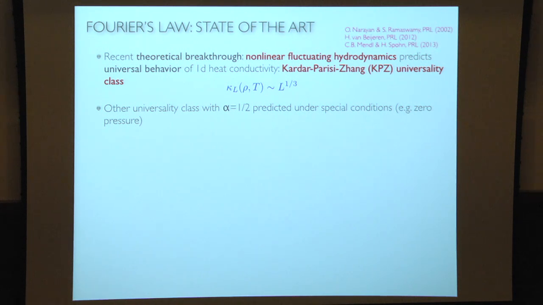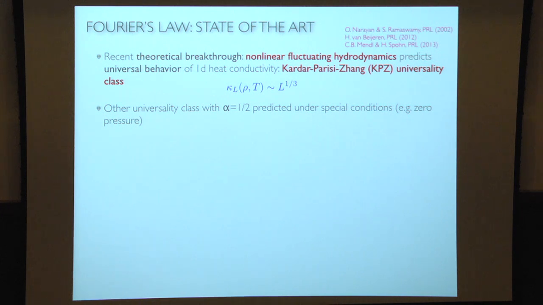And this theory can be extended to talk about the correlators of the currents, and in that case, it predicts universal behavior in the Kardar-Parisi-Zhang universality class. In particular, for these one-dimensional momentum-conserving systems, generically, it predicts that the conductivity should diverge with the system size as L to the 1/3, and that should be universal.